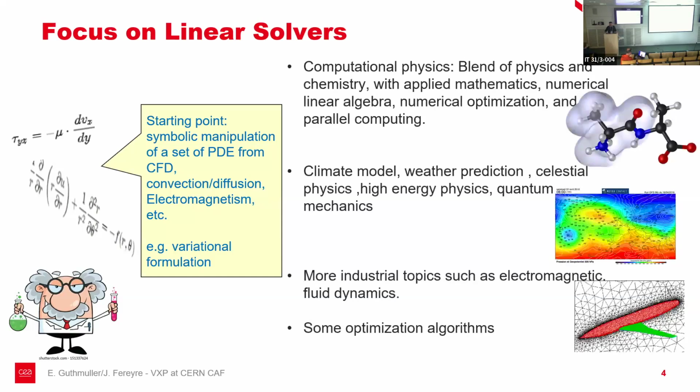We can find this kind of formulation in a lot of domains: computational physics, climate models, also more industrial topics such as CAD tools, electromagnetics and fluid dynamics, and also some optimization algorithms that also rely on linear solvers.